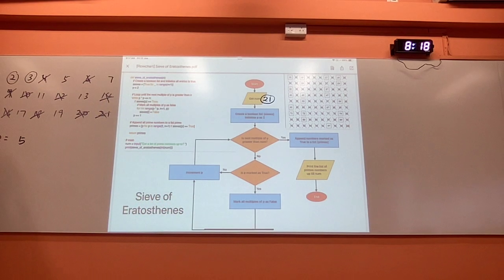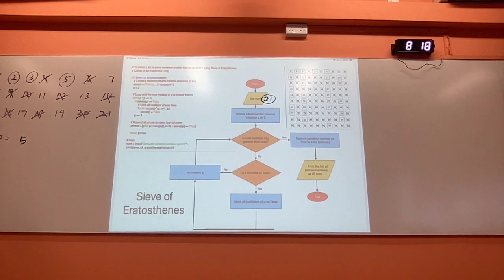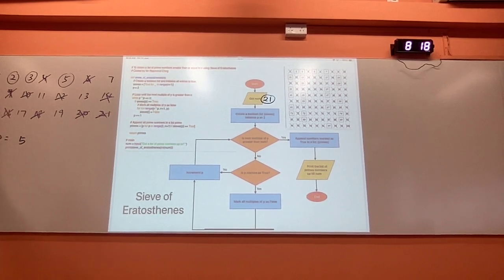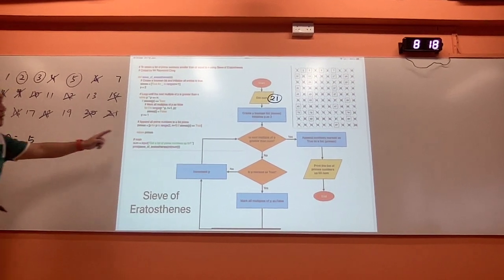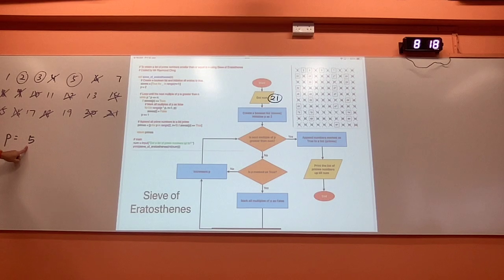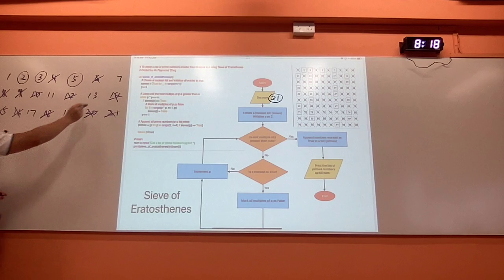5. Increase P again. So we're here at 5, and all the multiples of 5 are already eliminated. All good. We keep going, and then it becomes 6, then 7, and all the multiples of 7 are already gone.